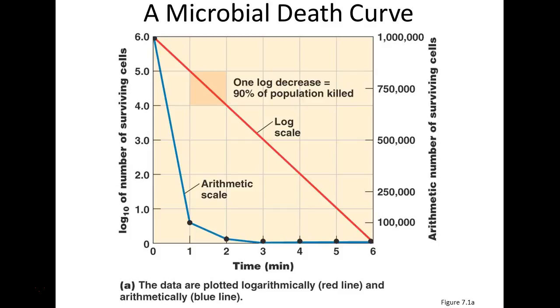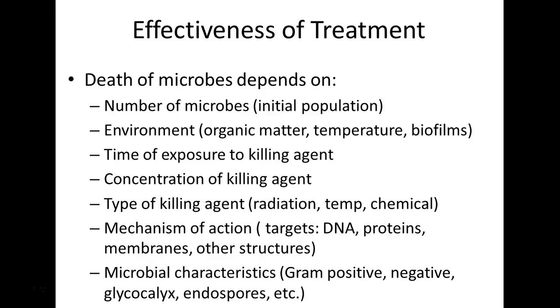So we saw that we can represent the death rate of a microbial population with an arithmetic or logarithmic graph, and that the concentration of the killing agent, the environment, the temperature, whatever, that we expose our microbes to might change the speed at which microbes die, but they will still die at a rate of percents per unit time, 90% per unit time, or any percent per unit time.